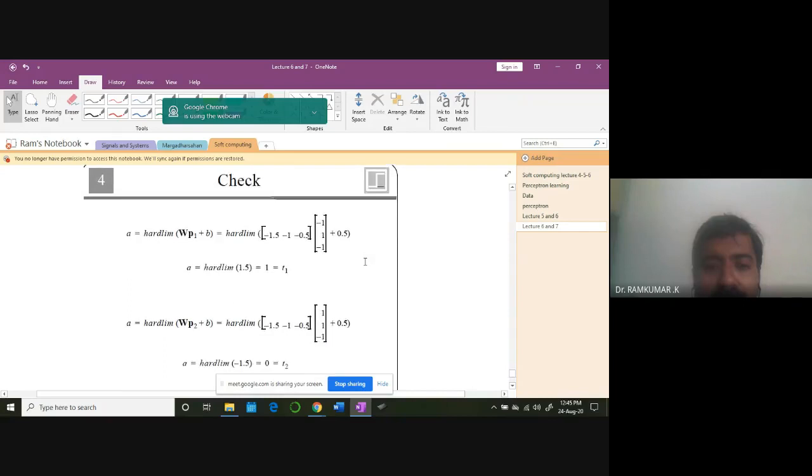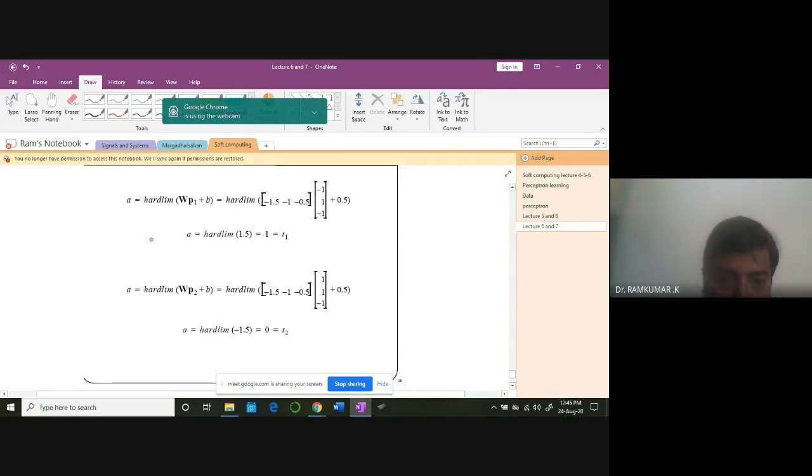Now we are going to apply it again to pattern P1. You have to check again. After applying pattern P2 and updating the weight, you need to go back to pattern P1 and check whether you are getting it properly or not. That's what we are doing.